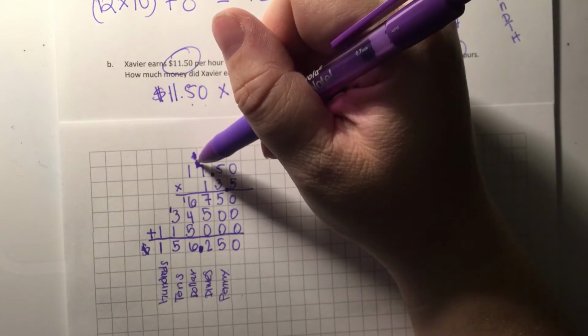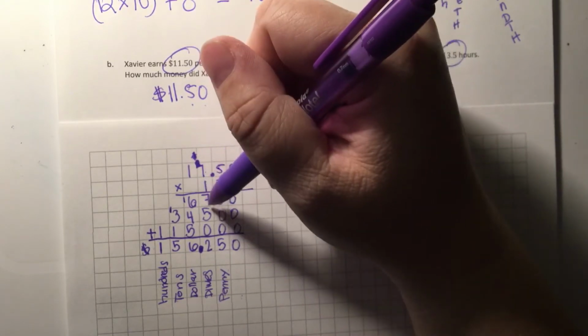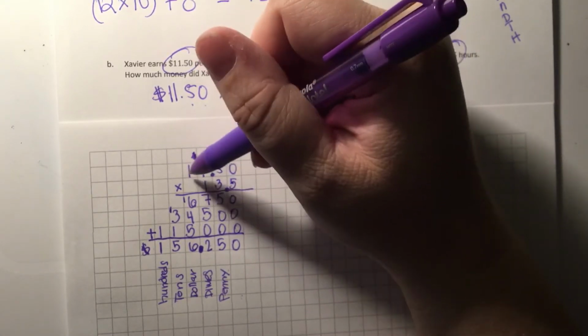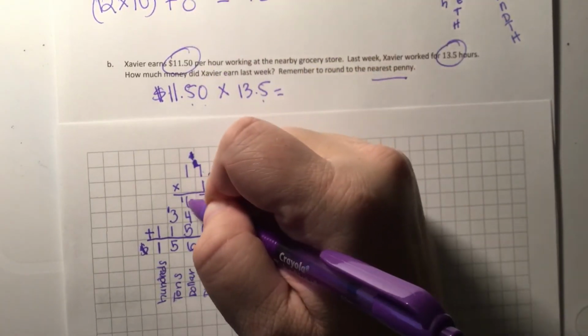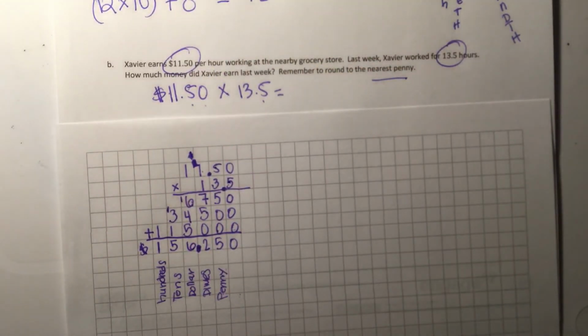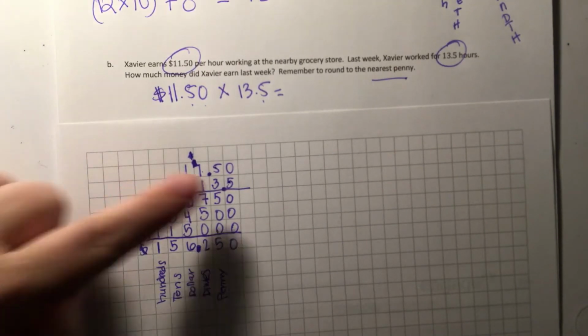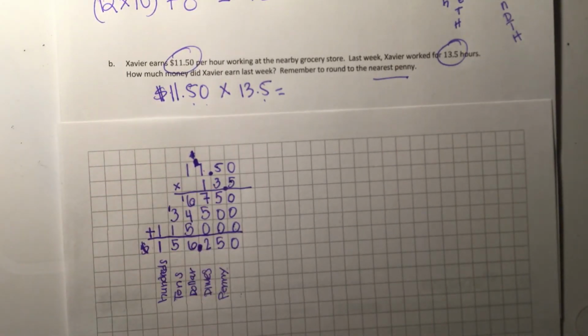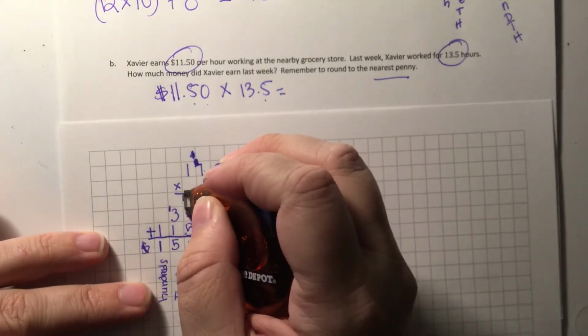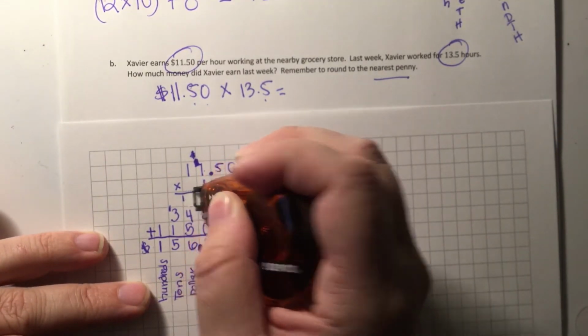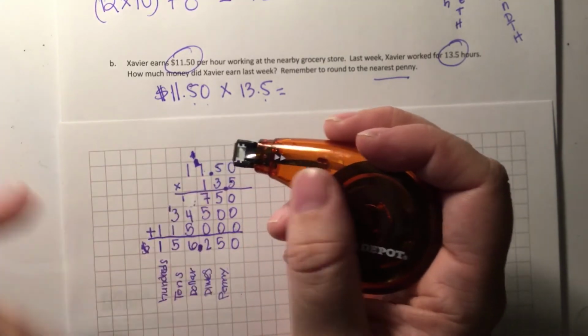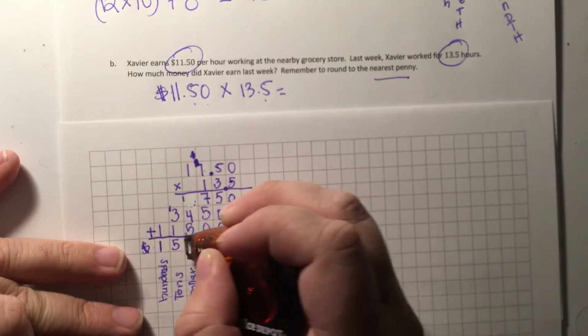Add my 2. 5, 6, 7, that's right, and 5. Oh, there it is. Do you guys see that? Oh, because I probably thought that was a different answer. Do you guys see what I did? I did 5 times 6 instead of 5 times 1.